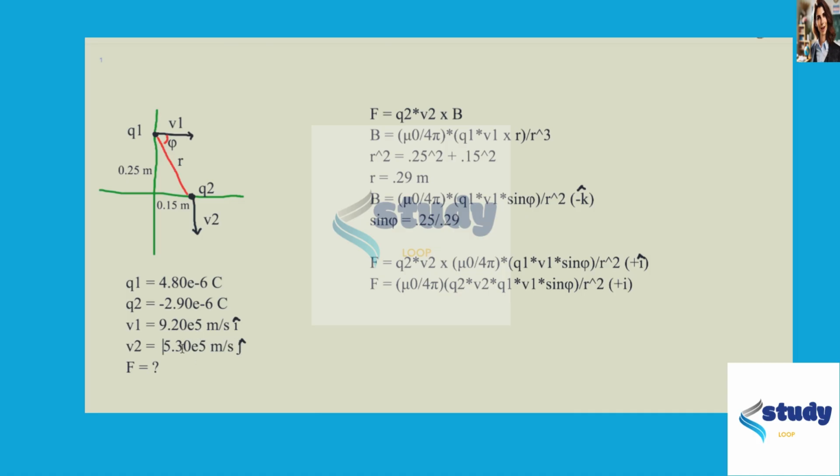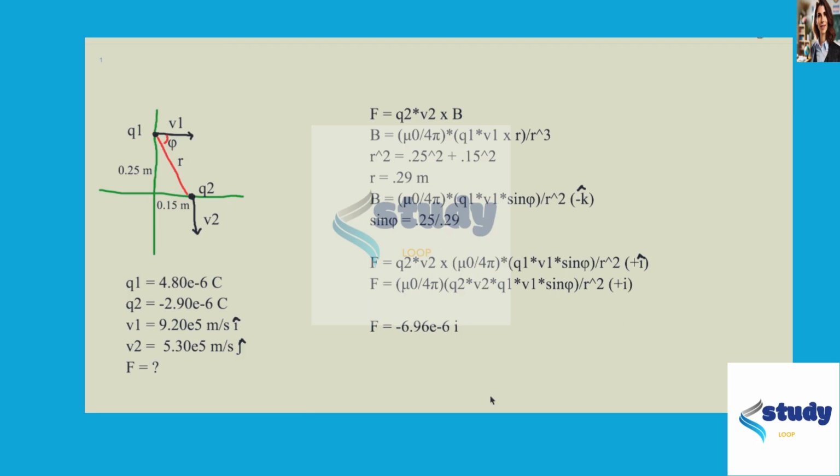So we want to use just positive 5.3 and positive 9.2. But when we plug in Q1 and Q2, we do want to save this negative sign here in Q2 because we haven't yet taken into account the fact that Q2 is negative. So when we plug this all in, we should end up with a minus 6.96 times 10 to the minus 6. And again, this is the i hat direction.